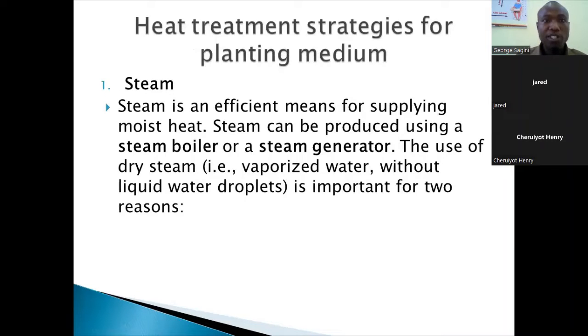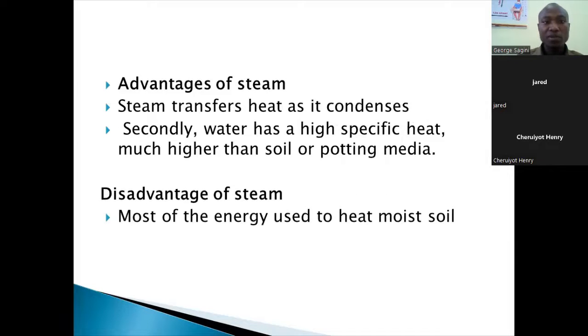For steam, we say that steam is an efficient way of supplying moist heat. Steam usually is produced by use of steam boilers or steam generators, and this steam is used to kill these pests. The advantages of using steam is that steam transfers heat as it condenses. In the process of condensing, it is able to sterilize that soil.